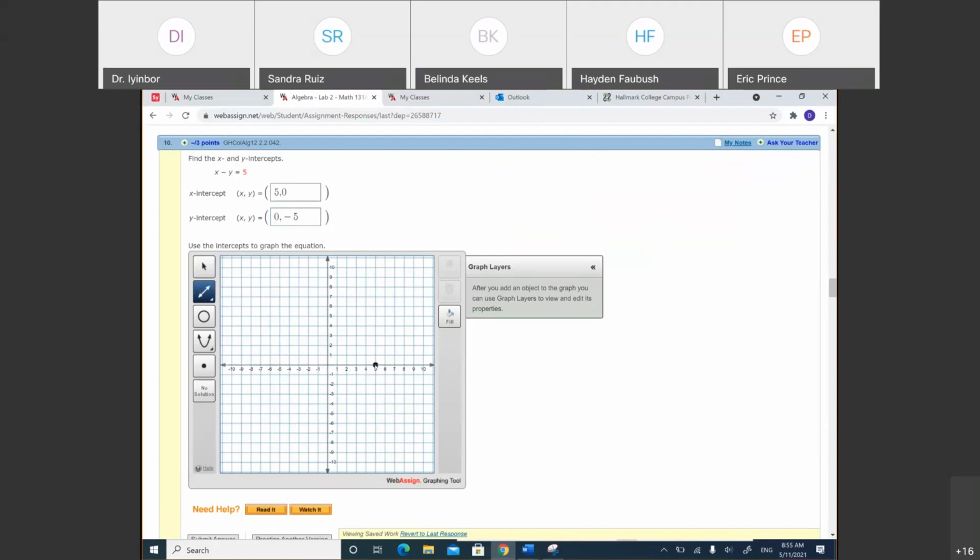That's the X intercept, the point on the X axis. The other one is (0, -5), down here. Because I clicked at the right points, I can click one more time here to graph it. Or you can click the line tool, check the points, and click back again. It doesn't matter how you do it. And that's my graph. Any questions?